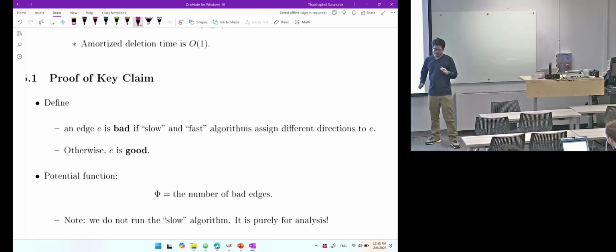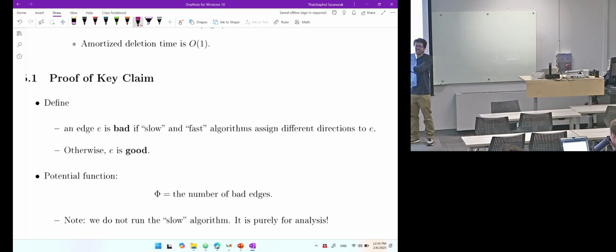Note that I'm only running my fast algorithm; I don't even run my slow algorithm. The slow algorithm is purely in the analysis. Just imagine that there is some slow algorithm that you don't actually run, but it assigns directions of edges somehow. We say an edge is bad if the fast and slow algorithms disagree. Otherwise, if they agree, it's good. And the potential function is just the number of bad edges.